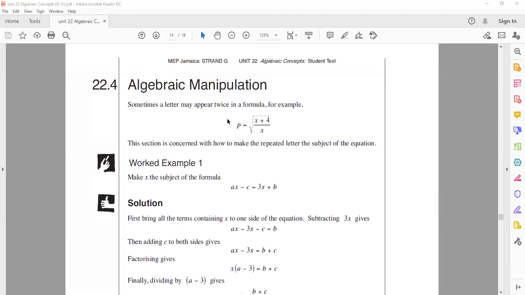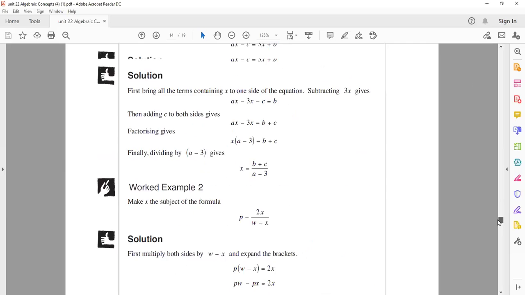It says sometimes a letter may appear twice in a formula. Let me make sure this is the start of it. Yes, it's the start.